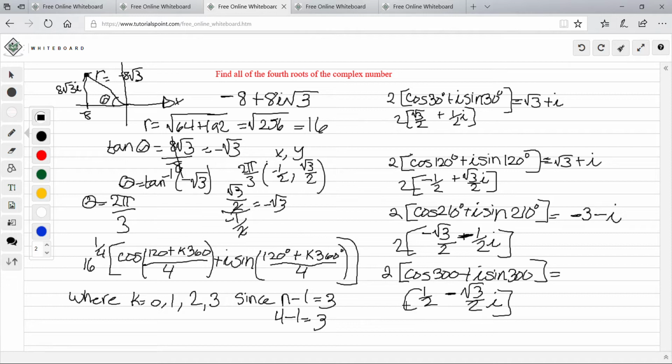Times 2, you get 1 minus root 3 i. So we have a total of 4, which is what we need, because n equals 4, so 4 minus 1 is 3, and that's how we get 0, 1, 2, 3. I'm not done, but I have to erase the board. If you need something, just press pause.